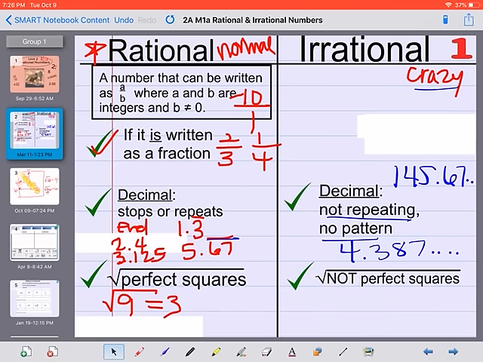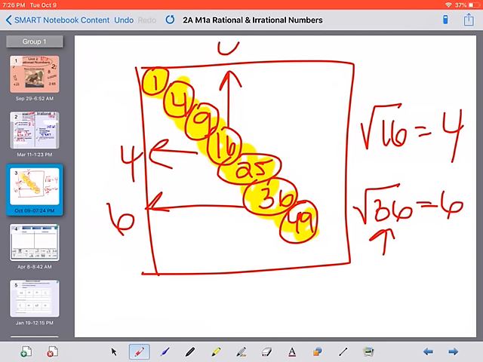Last, our irrational numbers are any of the square roots that are not perfect squares. For example, the number 10 was not on that list. It would have been somewhere else. We don't know what multiplies to get 10 if it's the same number, like 6 times 6. We know that gave us 36.